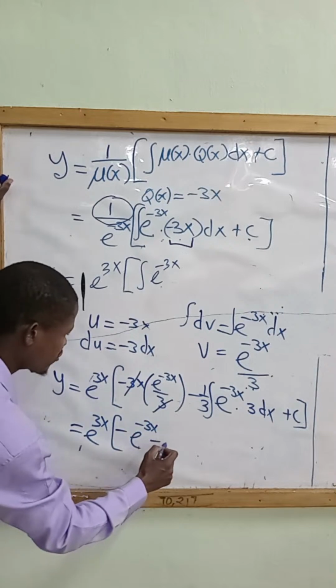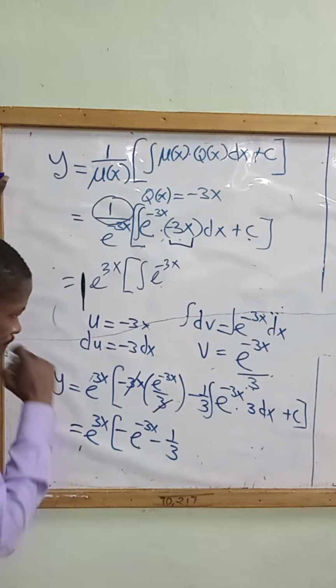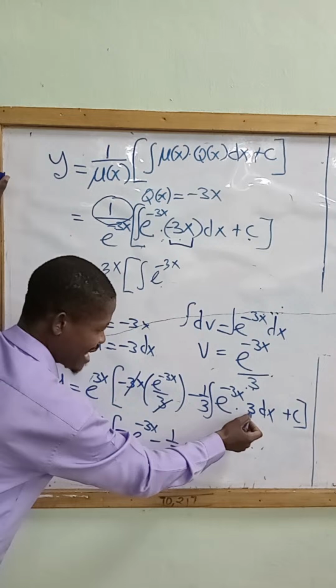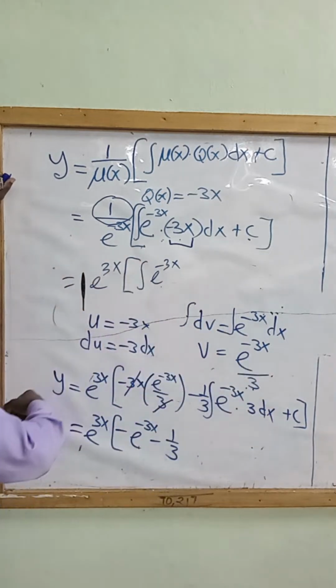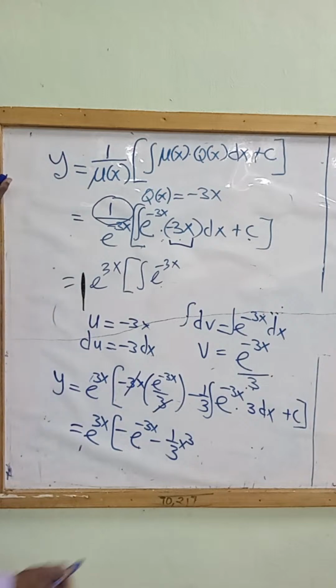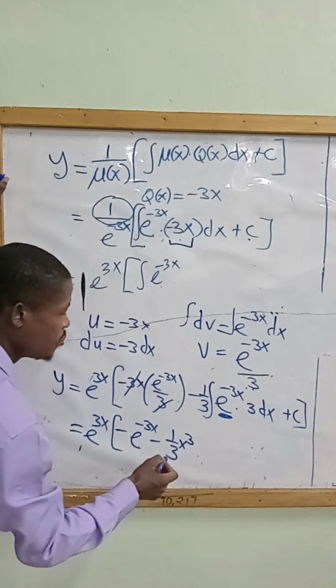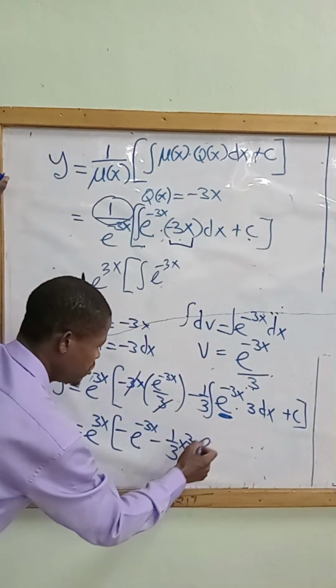Minus 1 over 3. This 3 is a constant. You can take it outside the integration. That will be times 3. And then the integral of e will be that same function.